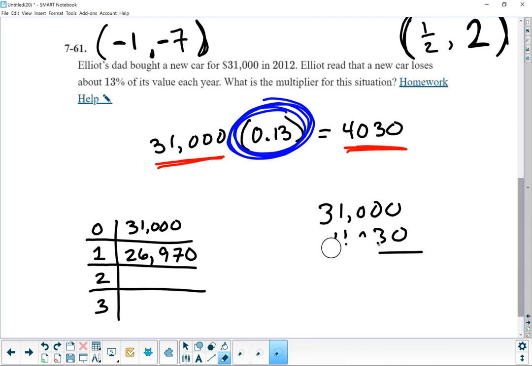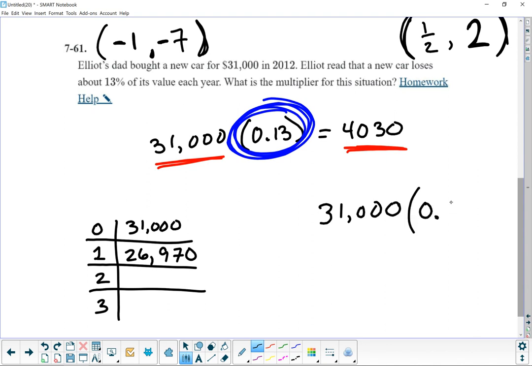So what can we do instead of multiplying by 13% and then subtracting from the original amount? Well, instead of losing 13 cents, you can think of it as you actually still have 87 cents, or 87%. So you can multiply by 0.87 instead. Take 31,000 and multiply by 0.87. Do it on your calculator; you can pause the video while you do it. So 31,000 times 0.87, guess what you get?